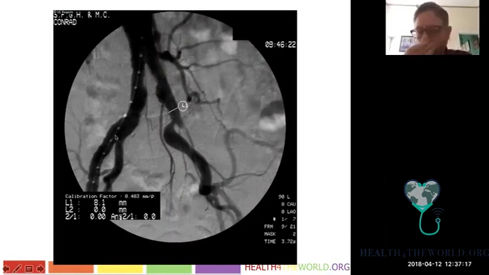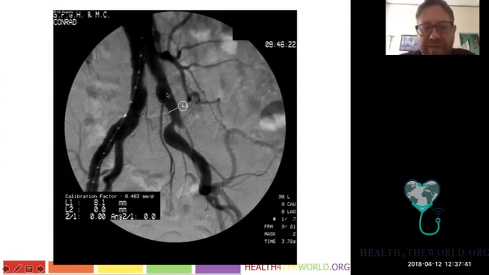We use that when we're thinking about sizing an artery for a stent or a balloon. This is the common iliac artery. This is the external iliac artery. Here's the internal iliac artery. Here's the superior gluteal artery doing its characteristic sweep through the roof of the greater sciatic foramen.